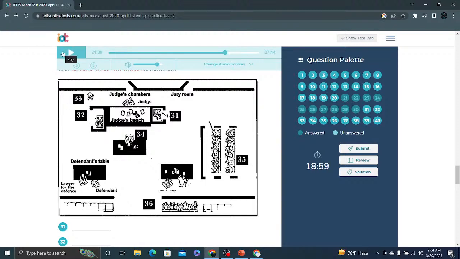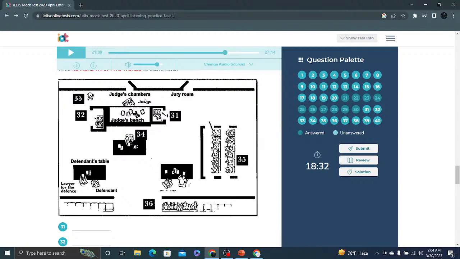Okay, so the man was saying the judge is invariably seated behind the elevated desk or bench. And he was also saying adjacent to the bench are the witness stand.